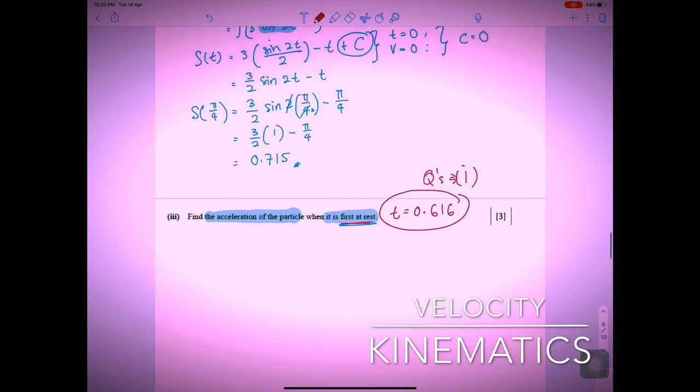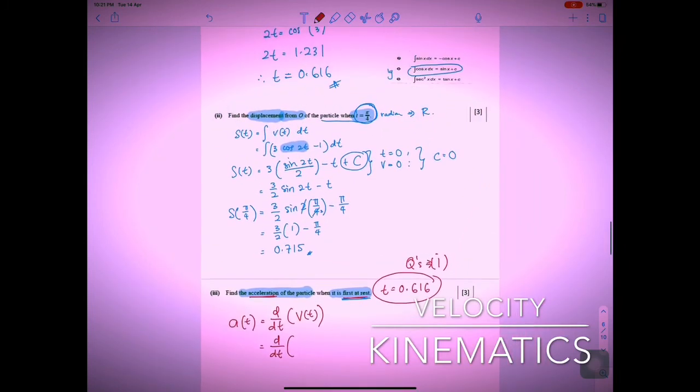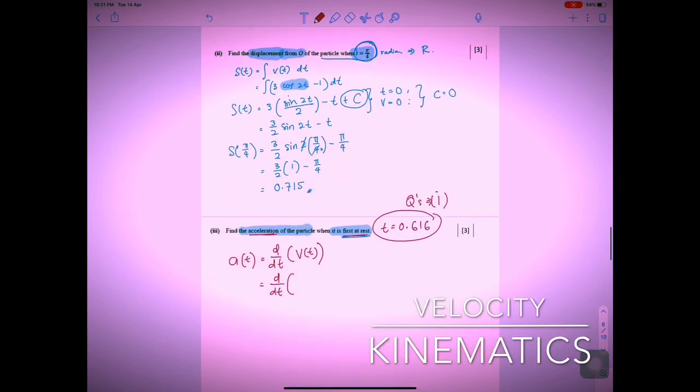So now the acceleration. To find acceleration, we have to differentiate v(t), so a equals dv/dt. We differentiate 3 cos 2t minus 1.